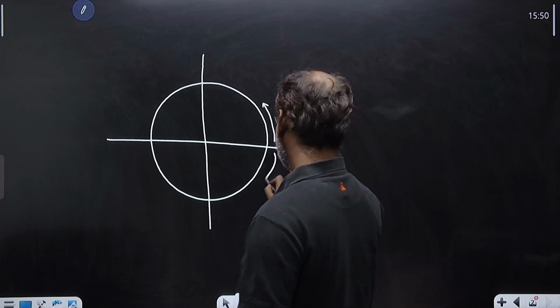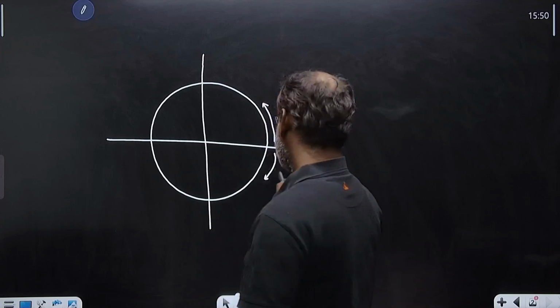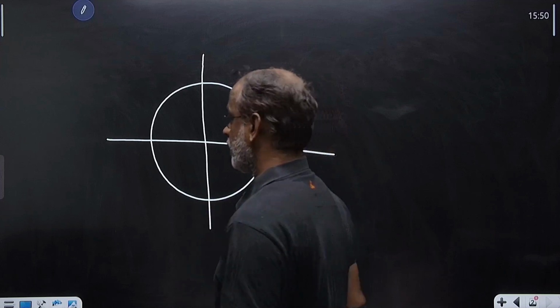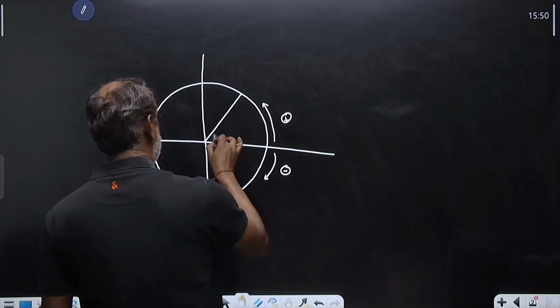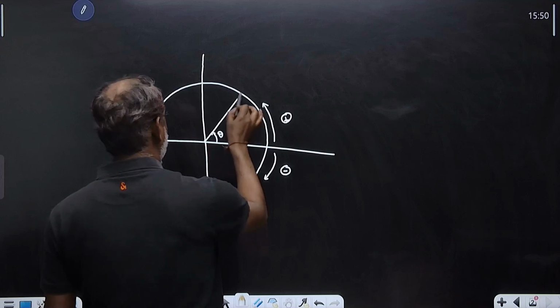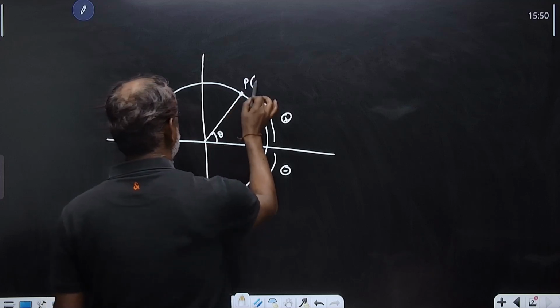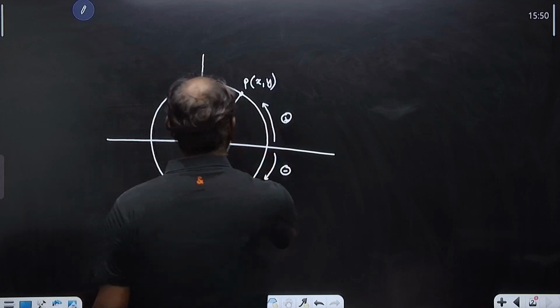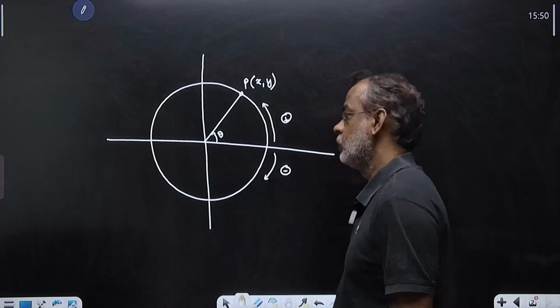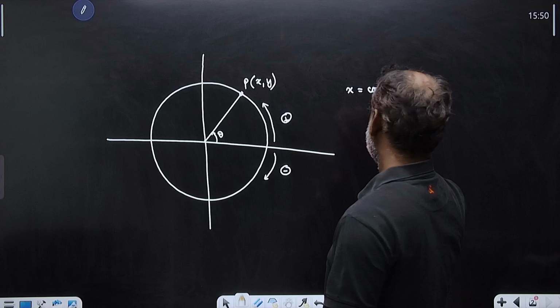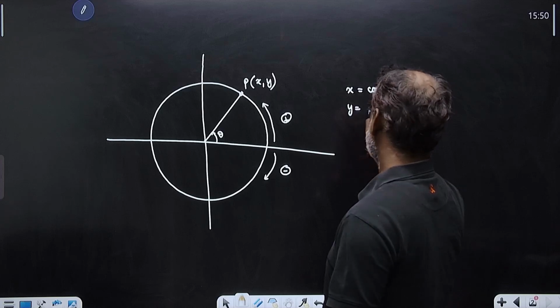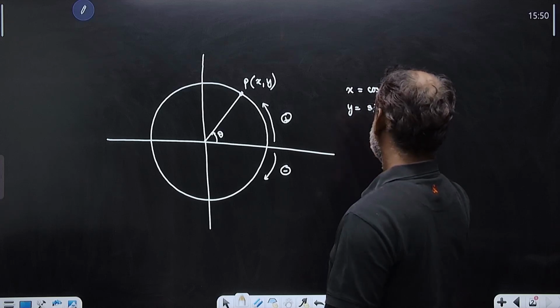If we are moving clockwise, the measurement is negative. And if you move an angle theta, you reach a point P whose coordinates are x and y. So, what we say, x is cos theta and y is sin theta.